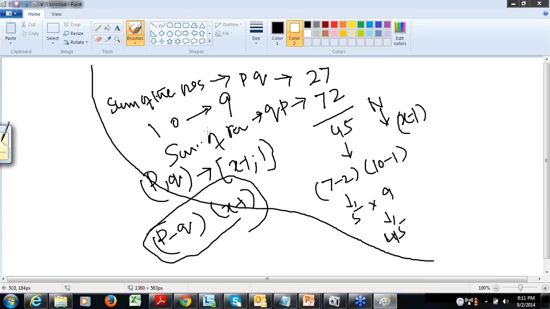So the maximum P can get is X minus 1 and Q will be 1. Then only P minus Q will be maximum. P minus Q will be maximum when P and Q are X minus 1 and 1. You are not getting, guys?